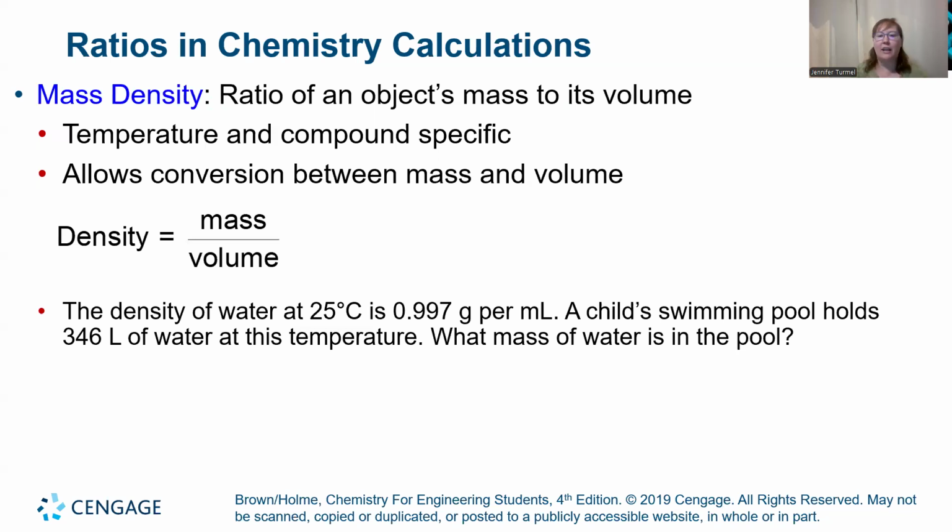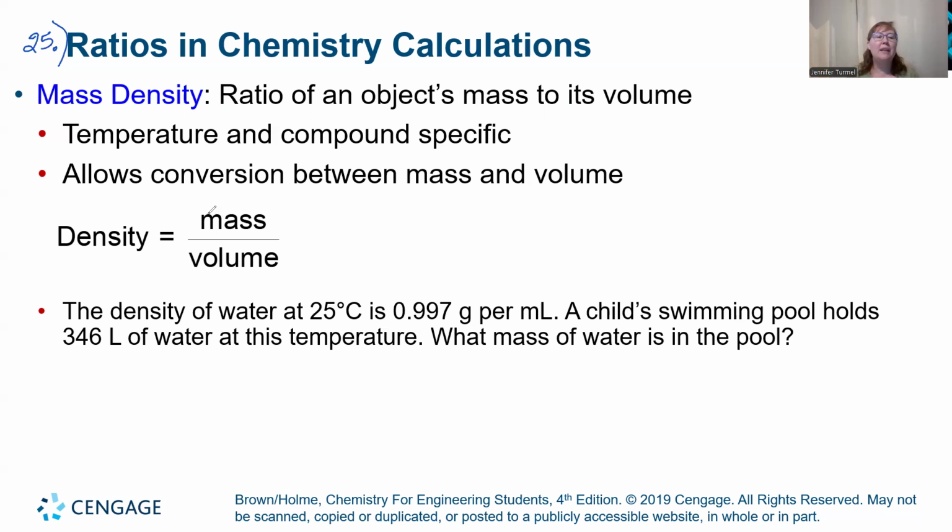So let's take a look at some more information with ratios in chemistry. All right, we are on slide 25 now. First we're going to look at mass density. Mass density is a ratio of an object's mass to its volume. It's always temperature and compound specific. Density changes based on the temperature of the object; it can expand or contract based on temperature changes.